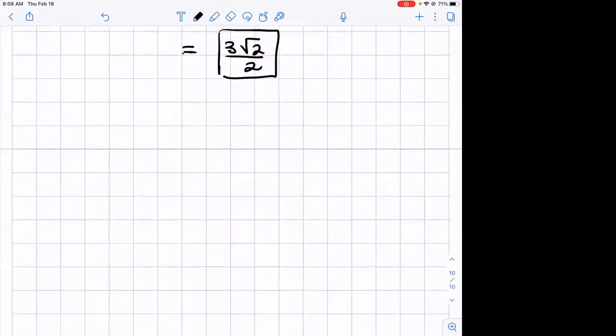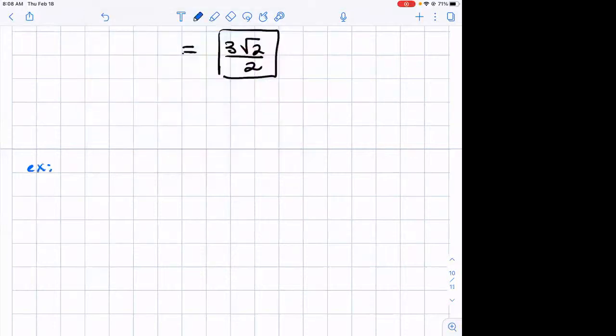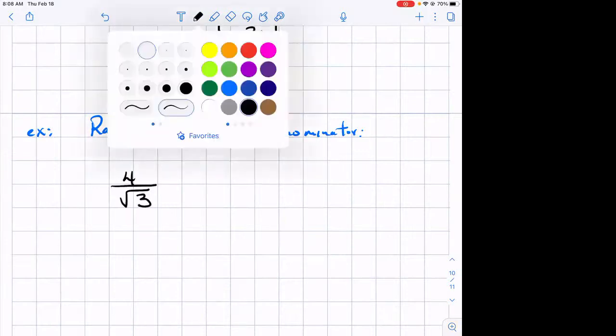And sometimes we just give you a fraction and we say rationalize the denominator. So you will have to know how to rationalize. If I have 4 divided by the square root of 3, we don't leave the square root of 3 there, and it's only one term.